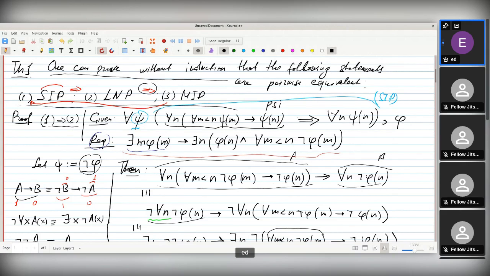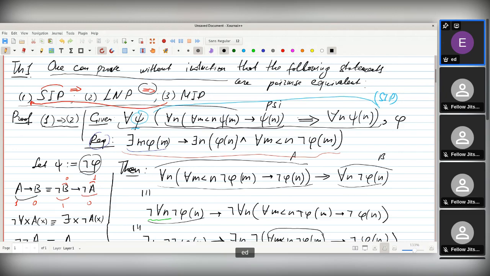I have a question for you. Have we used any induction here? Have we proved anything by induction? Of course, we applied this principle, the strong induction principle, but this was explicit in our assumptions. But have we used induction as a method of proof?